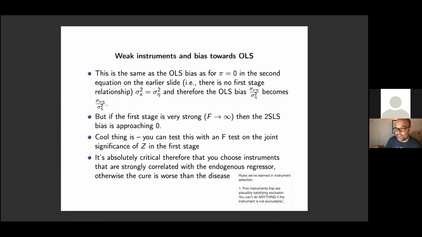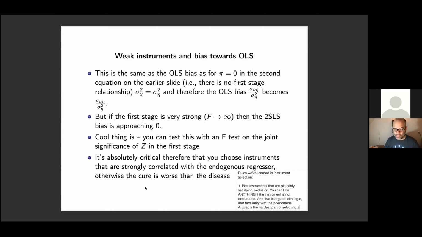Okay, so that's the very first thing that you've got to remember, and that is argued with logic and familiarity with the phenomenon. You're having to argue for exclusion, and that's arguably the hardest part of selecting Z.